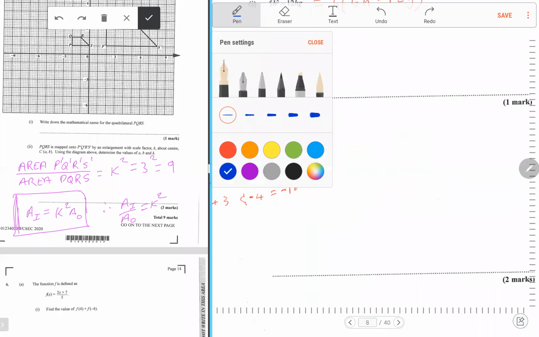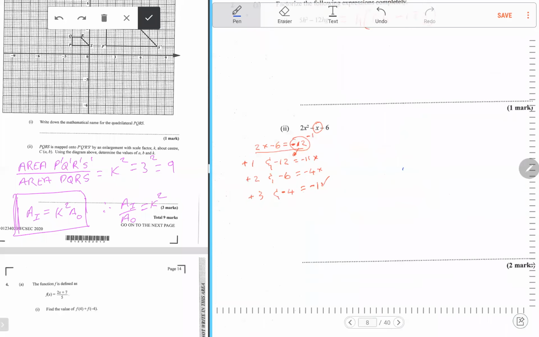So 2x squared minus x minus 6 becomes 2x squared plus 3x minus 4x minus 6. When you split, always check that what you split will give you back the middle term. 3x minus 4x will give you back the minus x. You want to make that check.